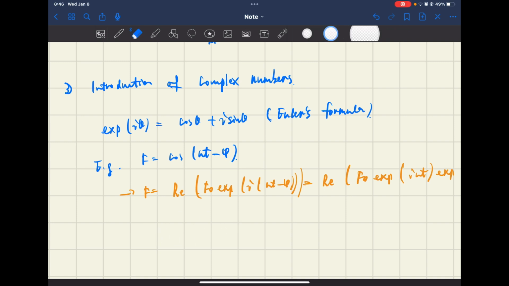Okay, we will write this over here. Now we write F, which is equal to F0 cosine omega t, in another form. We write it as a complex number, so it will be like this.